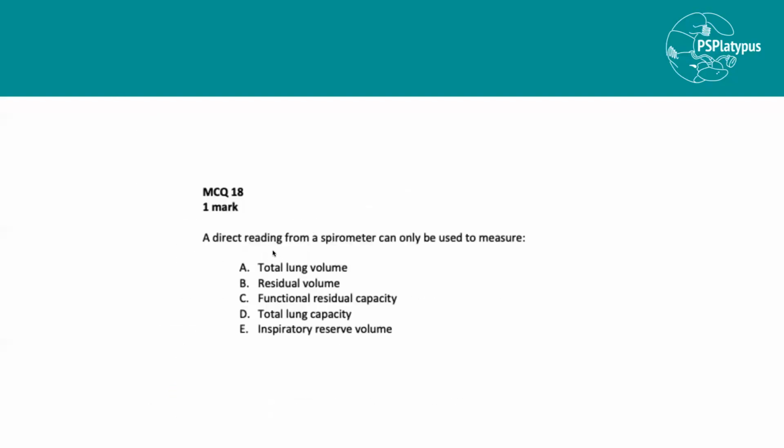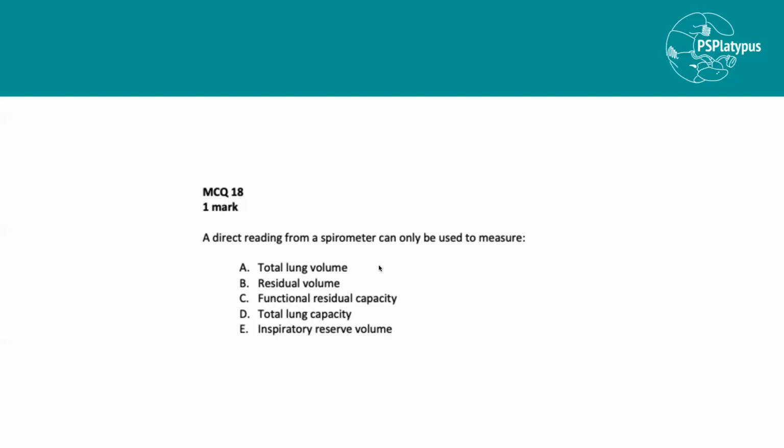A direct reading from a spirometer can only be used to measure total lung volume. That's from the top to the bottom. You can't measure the amount of air left in the lungs after forced expiration. So that's a no. Residual volume, the amount of air left in after forced expiration, still a no. Functional residual capacity, that's from the bottom of tidal volume all the way down to 0, so we still can't measure that.